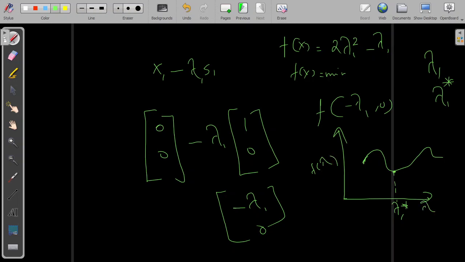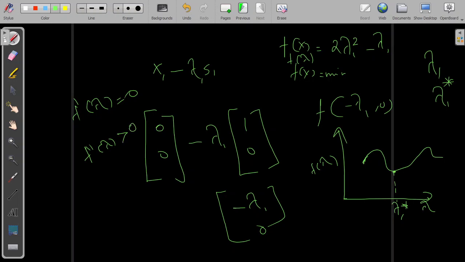Now, what is our procedure? By Newton's method, we have f dash of lambda, where f of x can be replaced as f of lambda. First of all, f dash lambda should be equal to 0, and f double dash of lambda should be greater than 0.